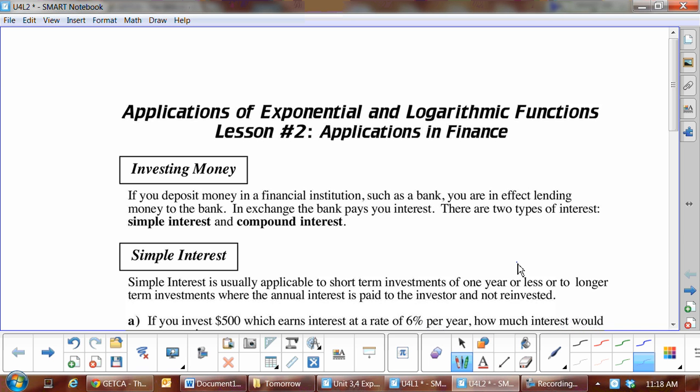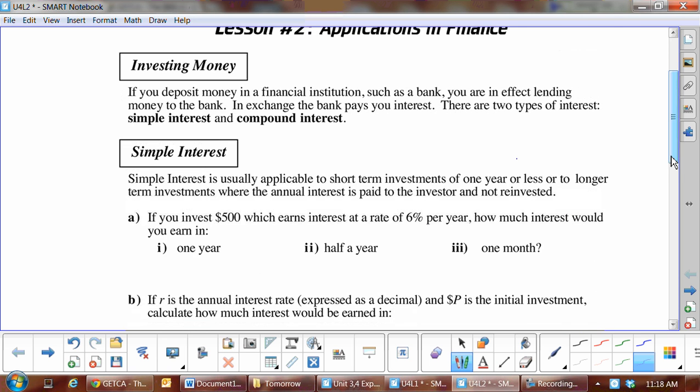Okay, and n is usually, when it comes to money, time, and time is obviously something that needs to be calculated quite a bit when you're looking for it. Hey, how long does it take to double? Okay? Now, you guys have done this to death, I'm sure, simple interest and compound interest, right?